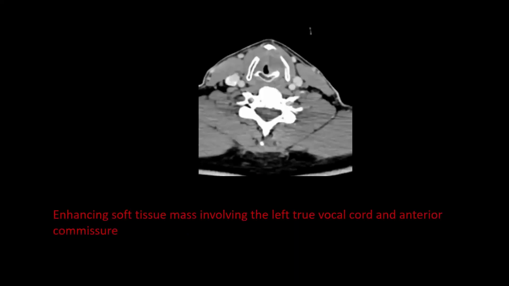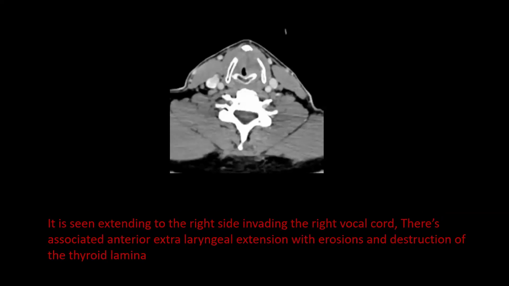Second case, we have an enhancing soft tissue mass involving the left true vocal cord along with the anterior commissure. The mass is seen extending to the right side, invading the right vocal cord. There is associated anterior extralaryngeal extension, erosion, and destruction of the thyroid lamina.